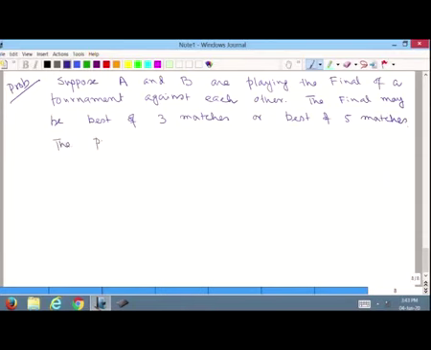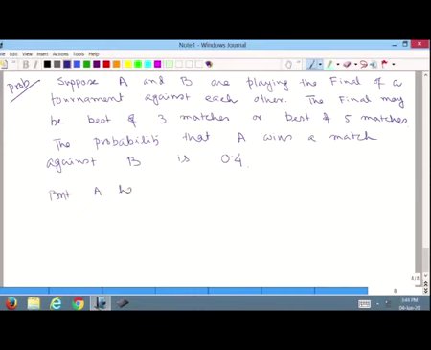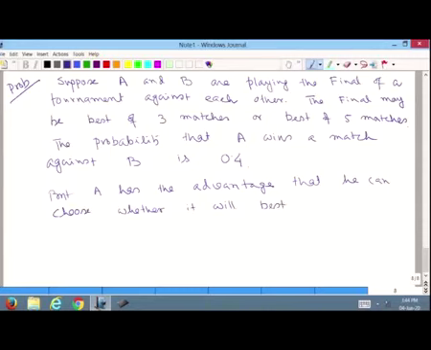The probability that A wins a match against B is 0.4, but A has the advantage that he can choose whether it will be best of 3 or best of 5.